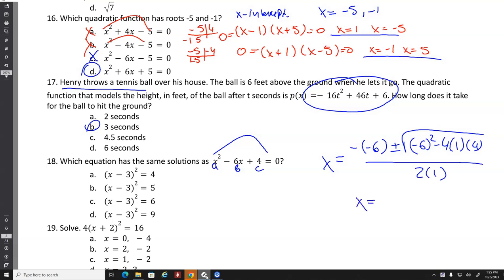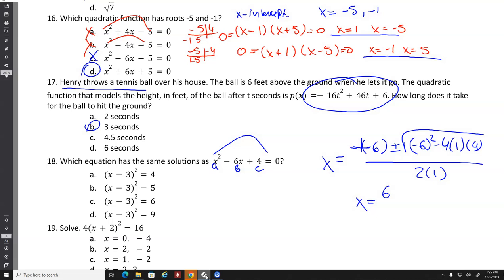So you are going to get +6 right here, because the negative makes it positive. Then underneath the radical, you're going to get -6 squared minus 4 times 1 times 4.